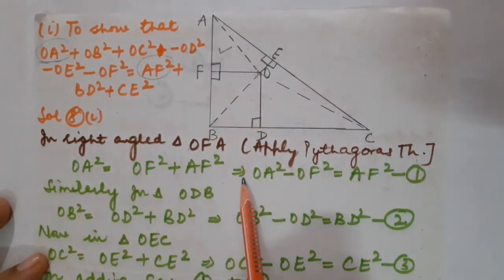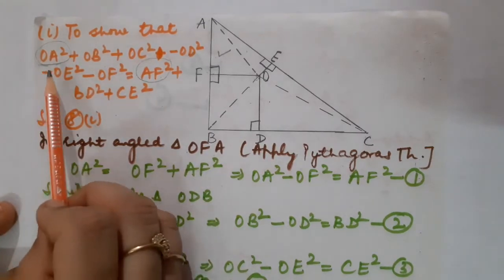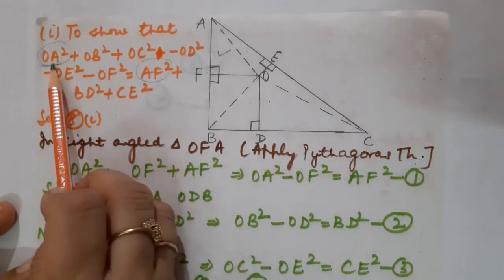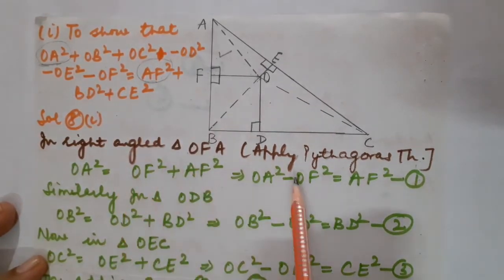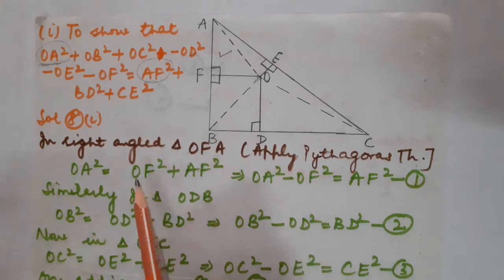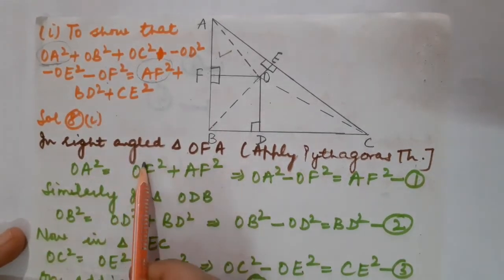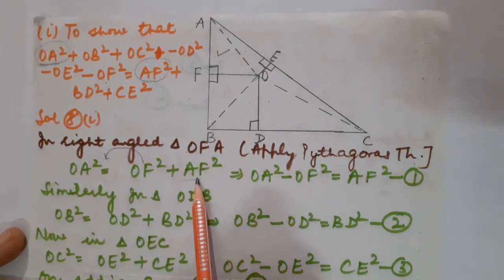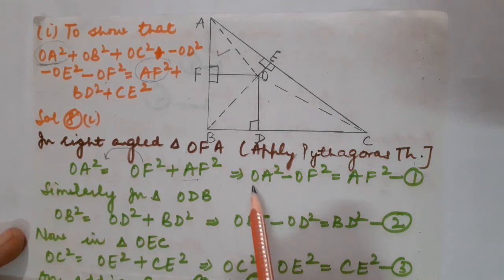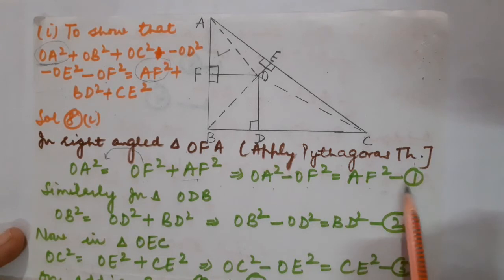This has been written. Now from here you can see in to prove that I want OA square on left hand side and AF square I want on right hand side. So I am going to bring this OF square on left hand side. Only AF square must be left on right hand side. So it implies OA square minus OF square is equal to AF square. That is equation number 1.